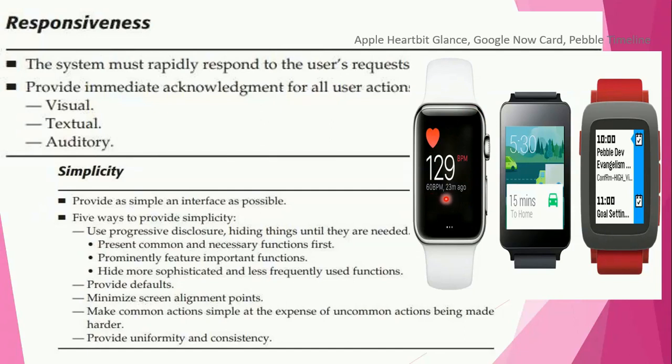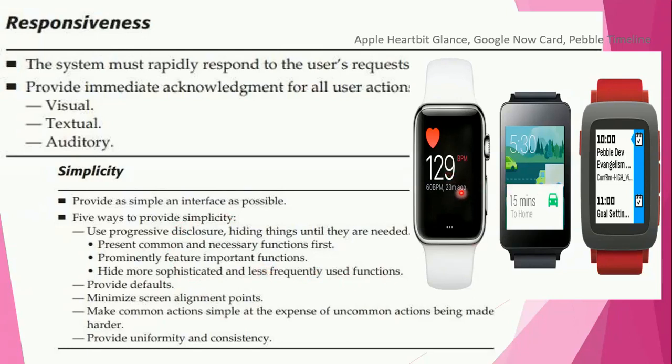Present common and necessary functions first. So what is necessary? Maybe the time in the watch is very much necessary, that has to be displayed first. Prominent and important functions: maybe if the user has personalized his system and wants to monitor the BP continuously, it is his prominent feature, an important function. That may be personalized in the system, so that is also shown on the user interface. Hide more sophisticated and less frequently used functions.